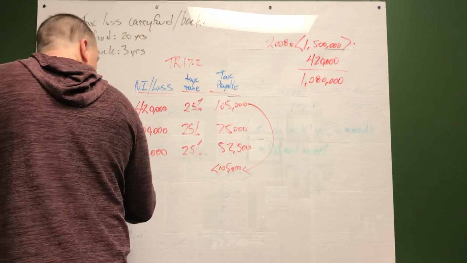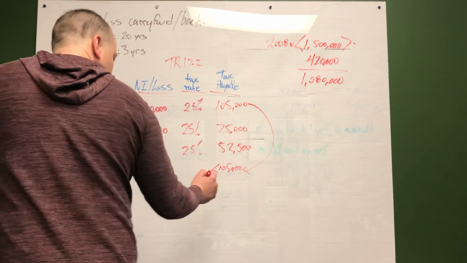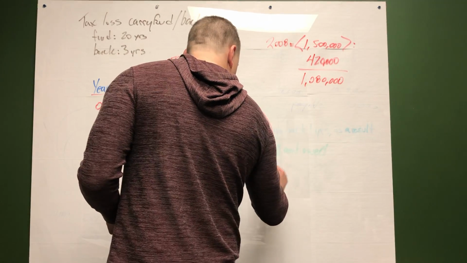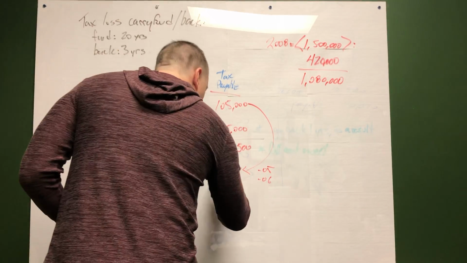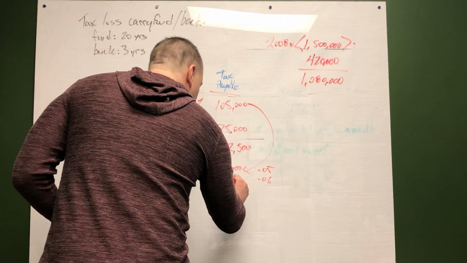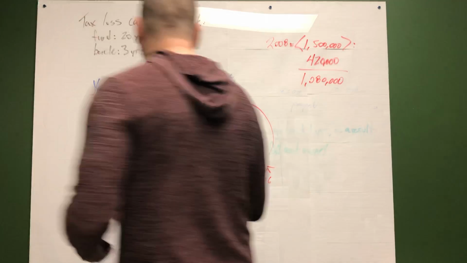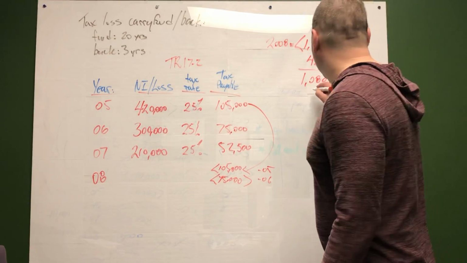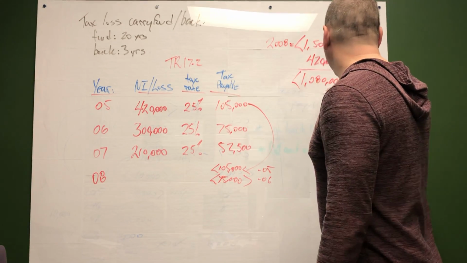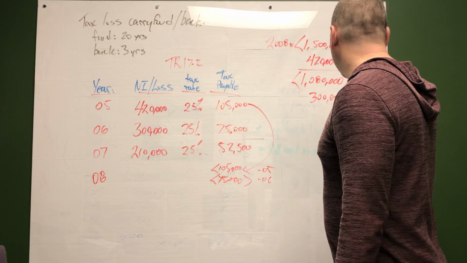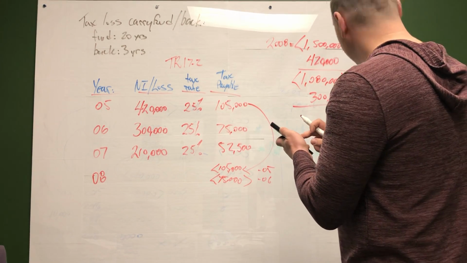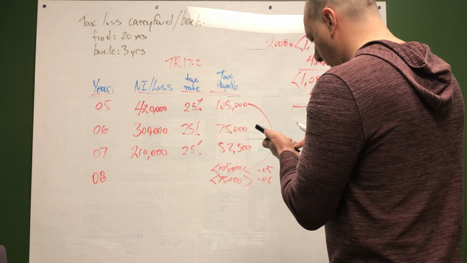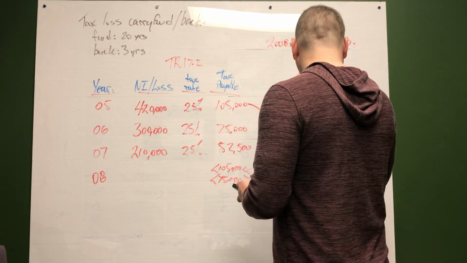Now let's go to '06. Now '06, we're going to get back the 75,000 that we paid on the $300,000 of net income. So we're still using up 300,000. So now we're at $780.